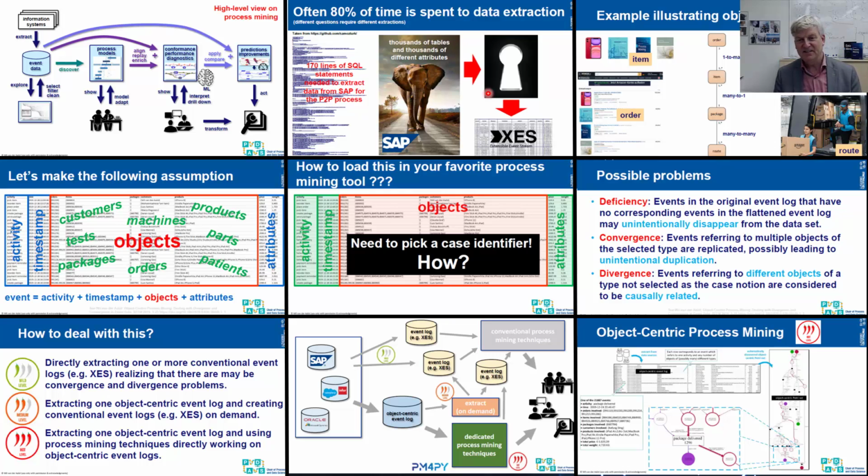By taking that as an input, suddenly many things become much more clear and much easier, because using that as an intermediate format, we have techniques to directly discover object-centric process models, which are more complicated. Or we can do this on-demand extraction, where we have traditional process models corresponding to the different views without going back to the original information system.